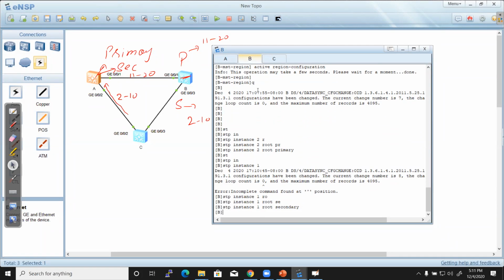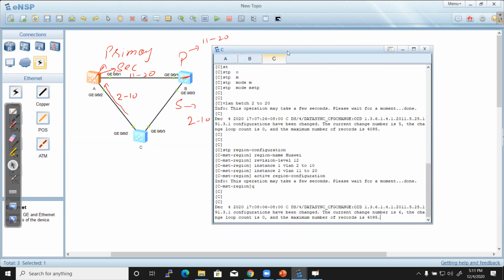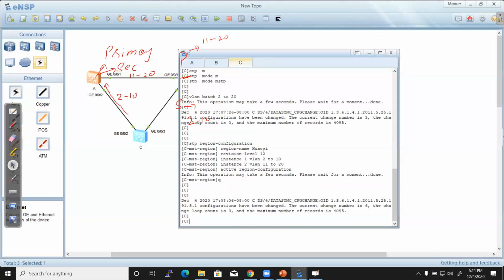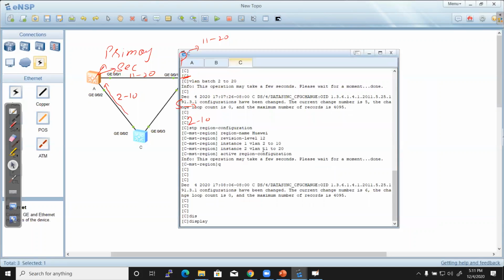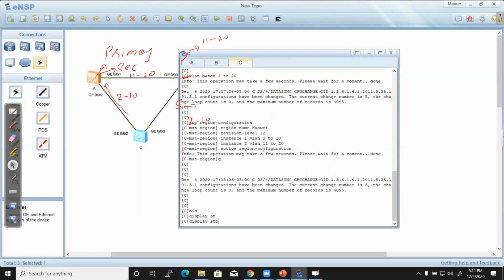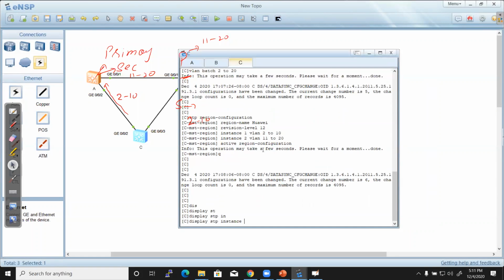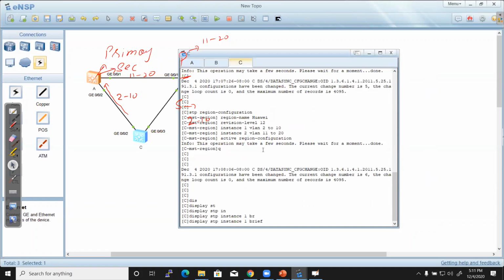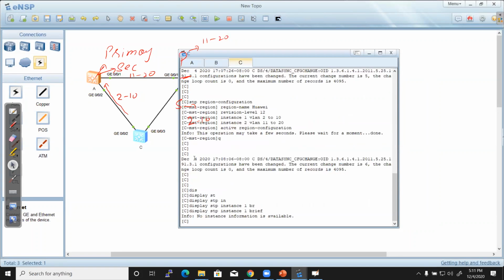How can we prove it? Just go to switch C and give this command: display STP instance 1 brief. I want to check my instance 1, and now this is a very interesting result. It says no instance information is available.